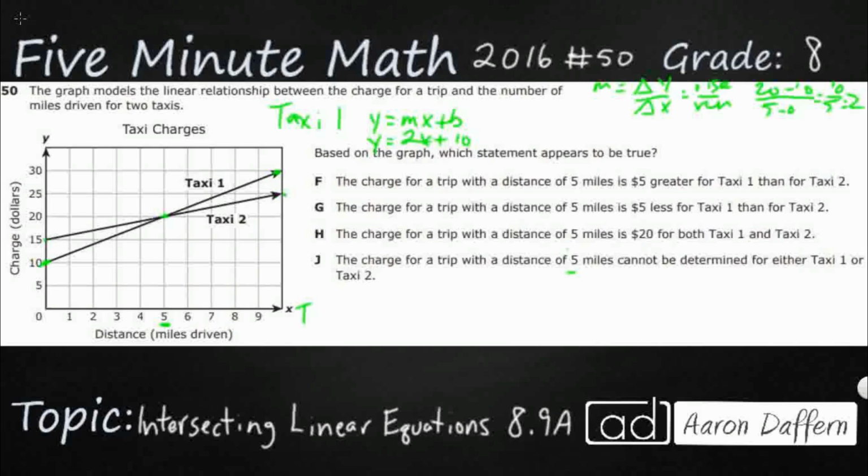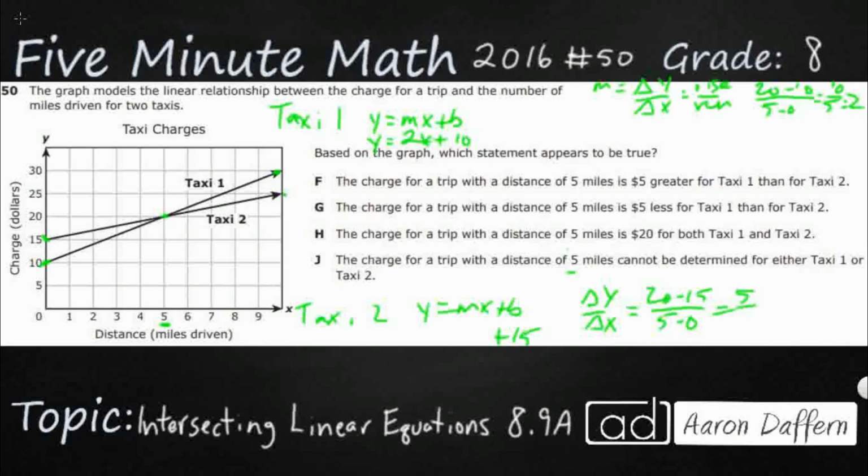Let's see what we can figure out for taxi 2. We need y equals mx plus b. That b is super easy, it's 15. Let's check our m, the change in y over the change in x. My y's are going to be, let's use the 20 and the 15, and then our x's of 5 and 0.